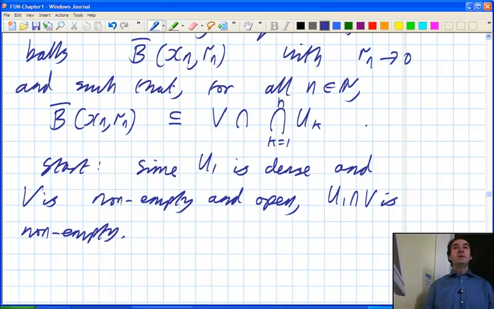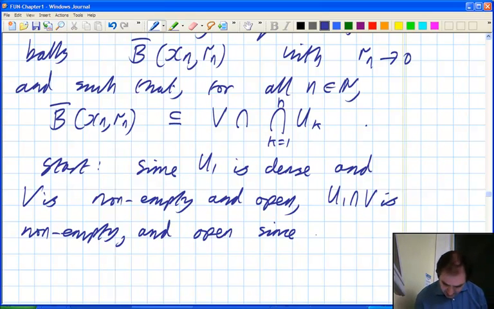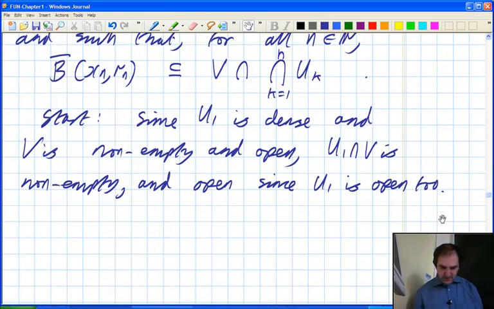It's also open because U_1 and V are open. So you start, you've got a non-empty open set, and we just choose any x_1 in there.